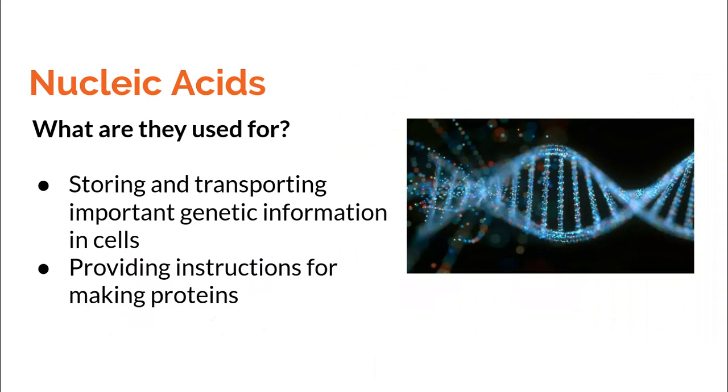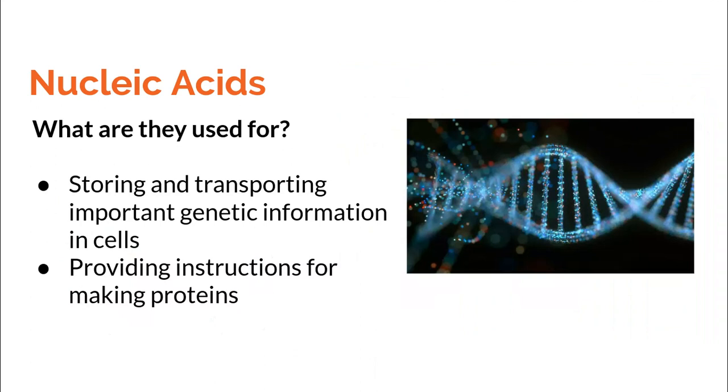And what are they used for? Two main roles here. One, they store and transport genetic information in cells. When we talk about DNA, chromosomes, all of those components in our bodies are made of nucleic acids. And that is where we are storing a lot of information that tells us what our cells are supposed to do, what we're supposed to look like, our genes, what type of hair color we're supposed to have, everything.